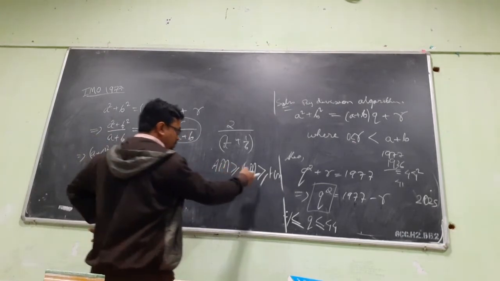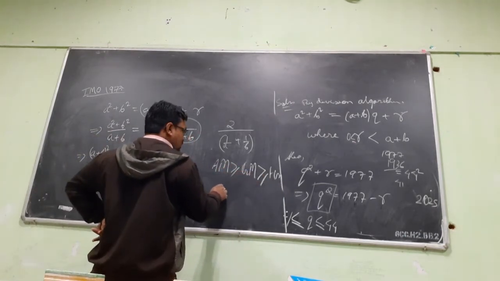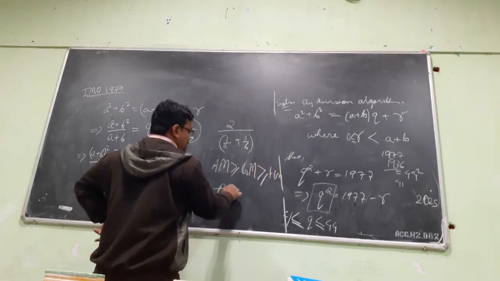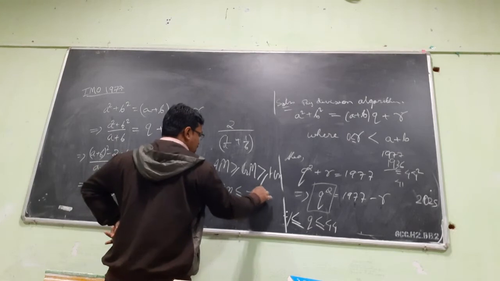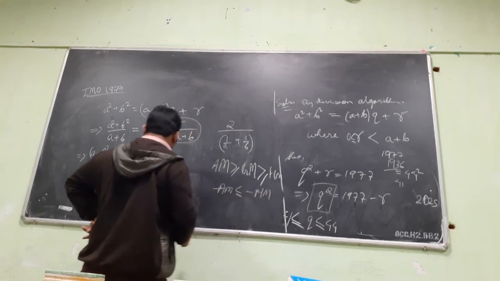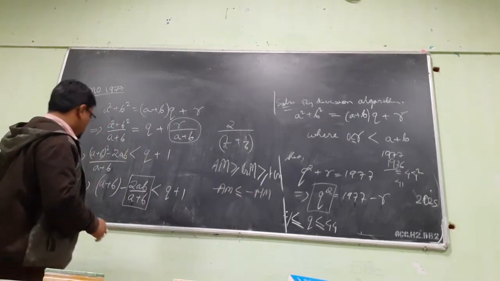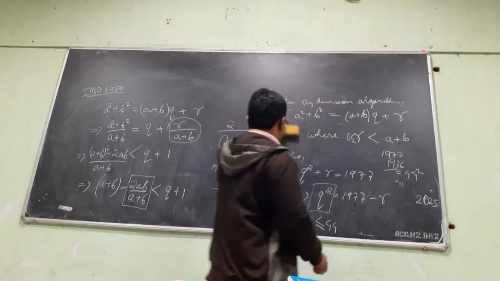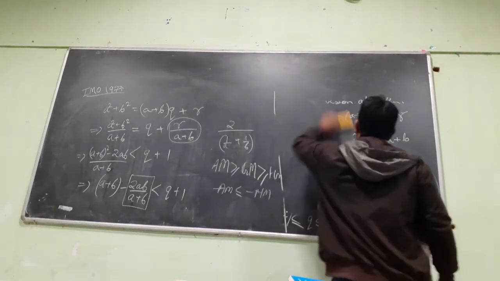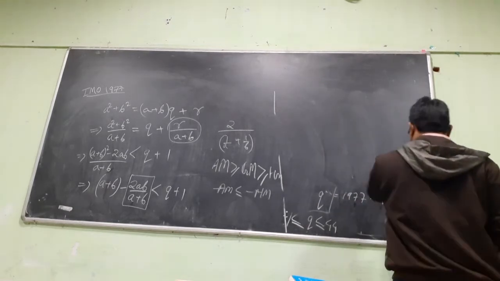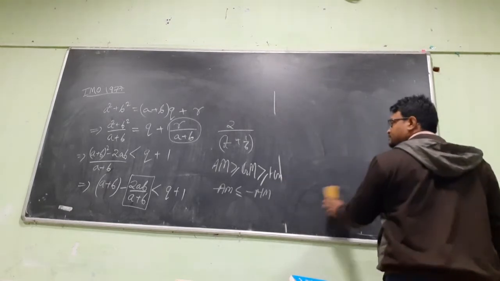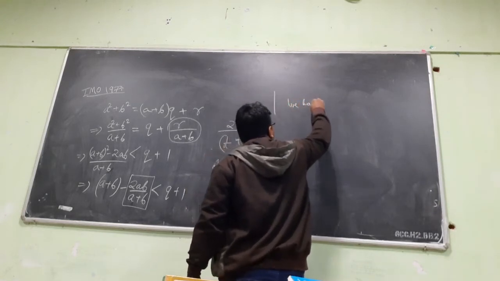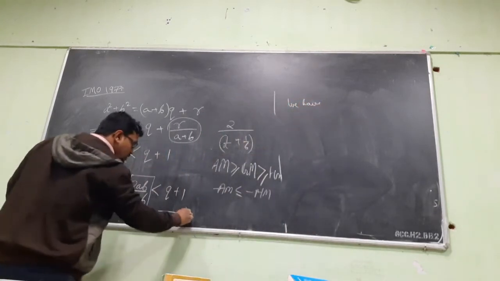And if you multiply it by negative, so AM is greater than HM, so minus AM is actually less than or equal to minus HM. So this side we can use the inequality, so twice ab. So let us keep it as 1.